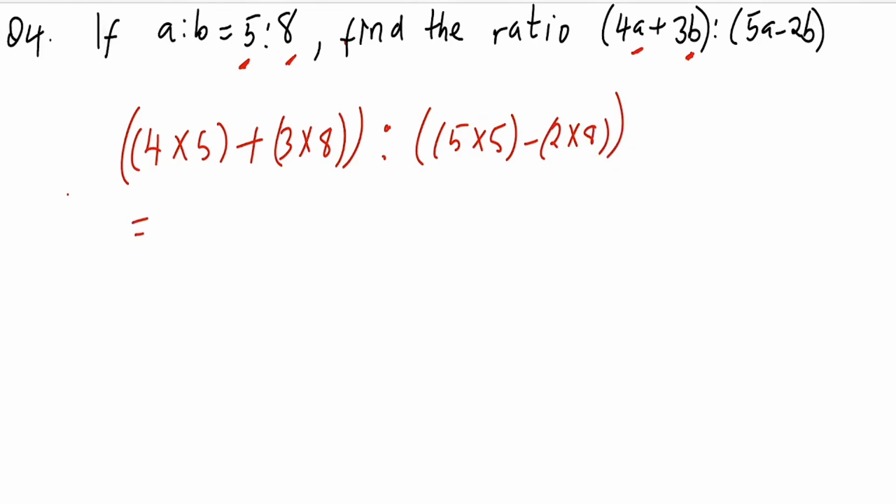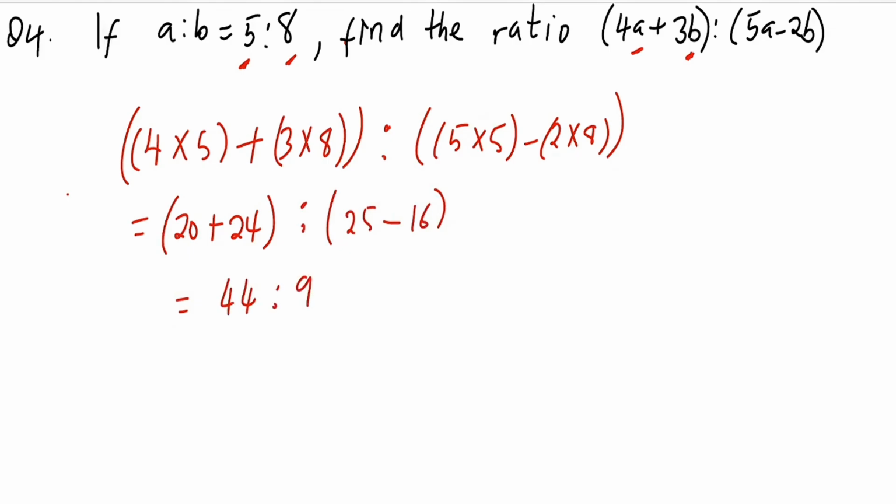So 4 times 5 is 20, plus 3 times 8, 24. 5 times 5, 25, minus 2 times 8, 16. So 20 plus 24 gives you 44. 25 minus 16 is 9. So your answer is just basically 44 is to 9.